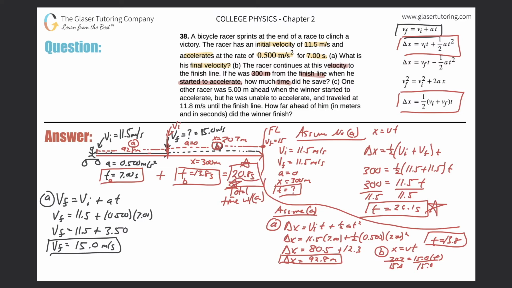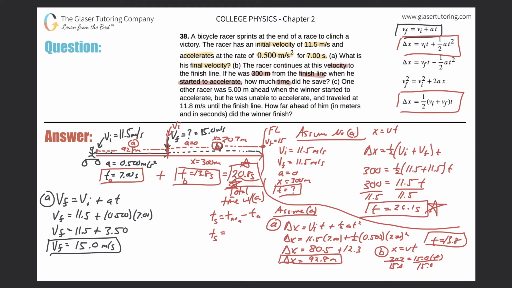So how do we find how much time he saved? It would just be a subtraction. I'll do it right down here. The time saved is equal to the time where we assume no acceleration minus the time of acceleration.